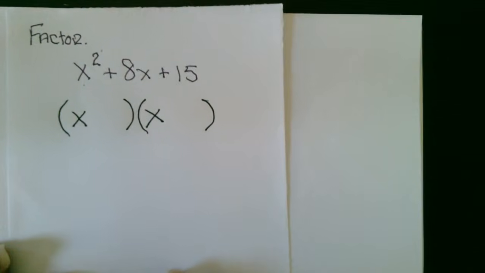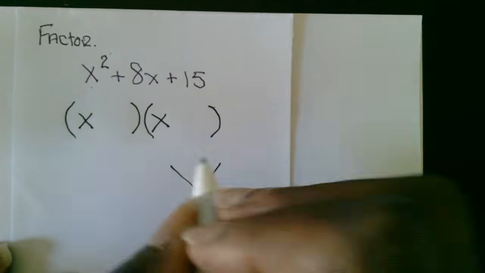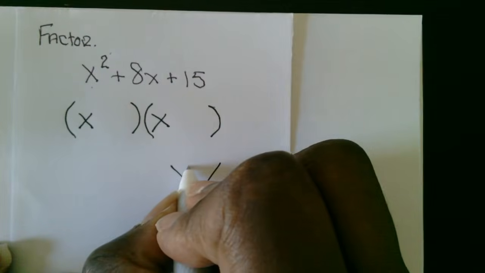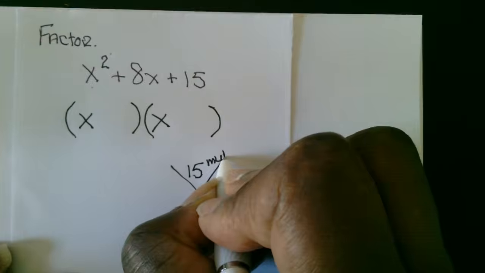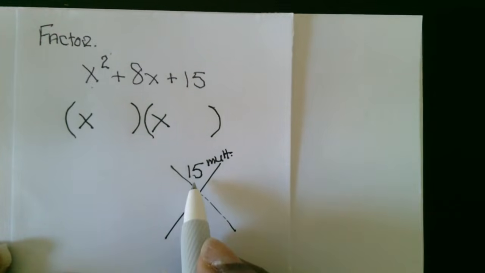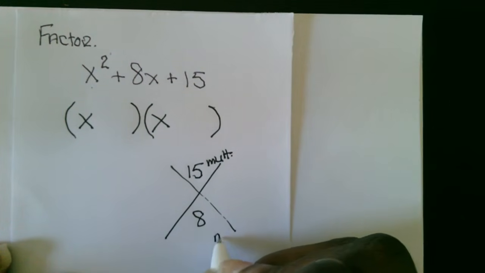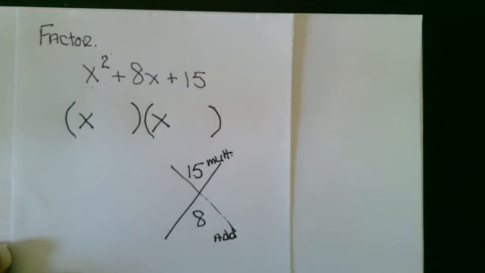Now this is the part that usually gets a lot of people. I like to draw an x. I need to know what 2 numbers multiplied will give me 15 and add together to give me that middle term of a positive 8.